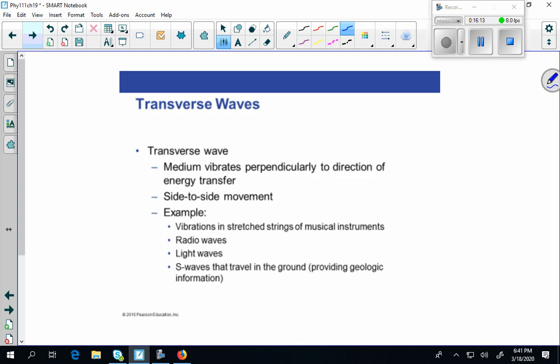Another example is radio waves, light waves. We talk about these a lot. These are electromagnetic waves, and they all move at what we call the speed of light. I'm sure you've heard of the speed of light. And these are the ones that do not need a medium to travel in.